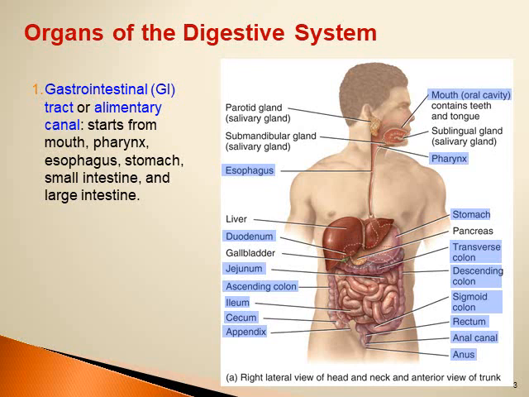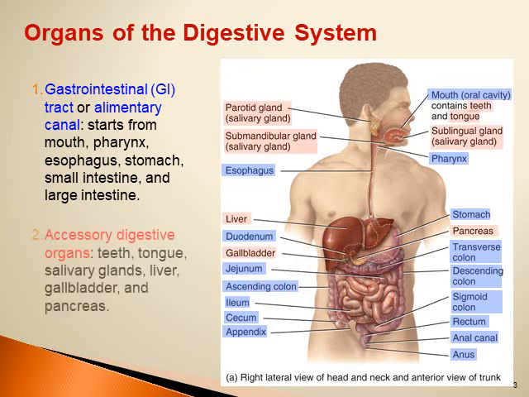As we see here in this figure, the alimentary canal starts in the mouth or the oral cavity, then pharynx, esophagus, stomach, then the duodenum, jejunum, ileum, and the different parts of the large intestine, and finally ends into the anus.